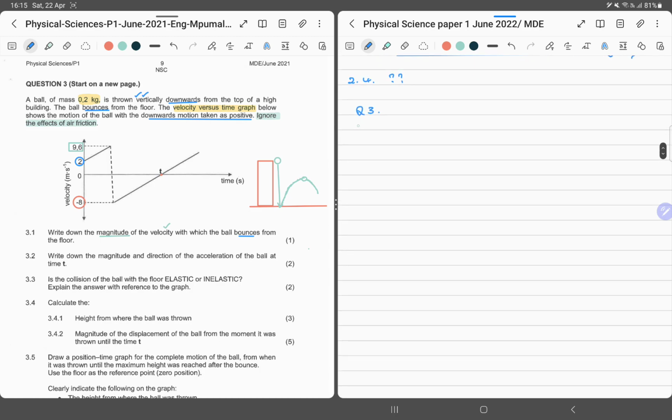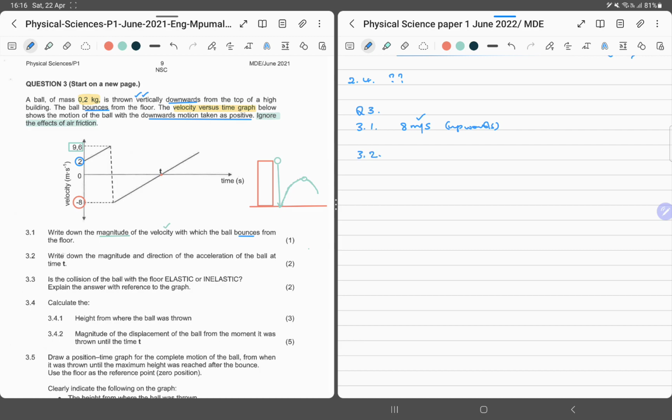So we've got here 3.1. So basically the magnitude of the velocity, we know that it is going to be equal to 8 meters per second upwards. Of course, they didn't ask you the direction, they just said magnitude, so that's what you want. You get 1 mark there.